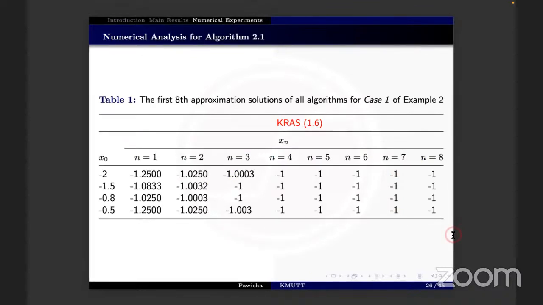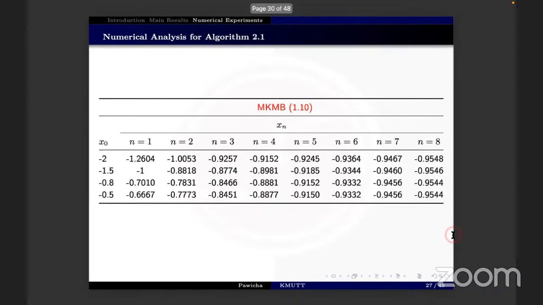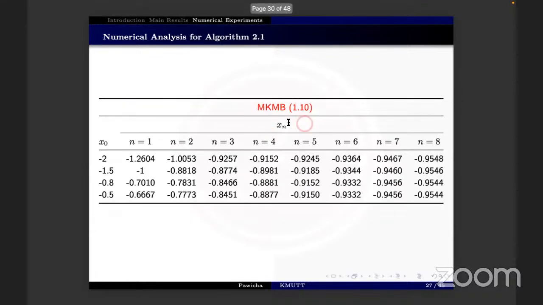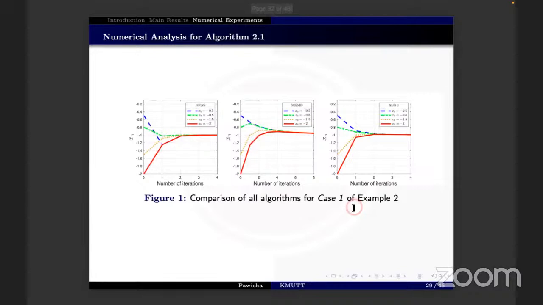Okay, this is the result of case number 1. This is the Krasnoselskii-Mann iteration, this is the Bregman algorithm, and this is our algorithm. This is the graph of the first case.